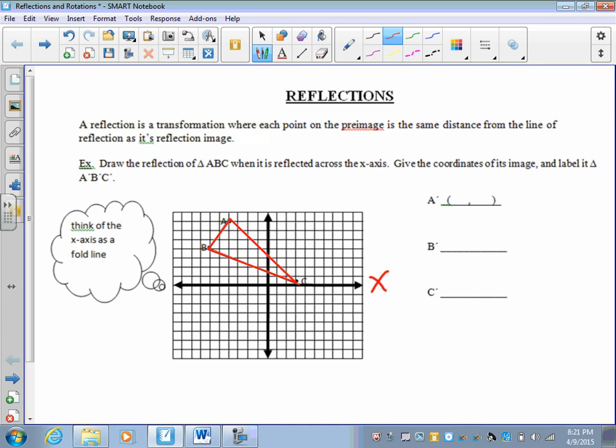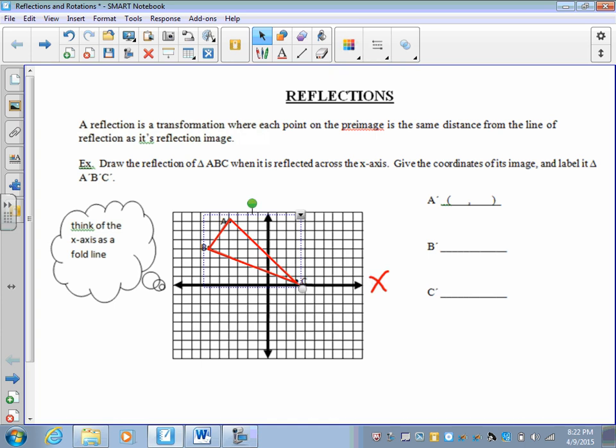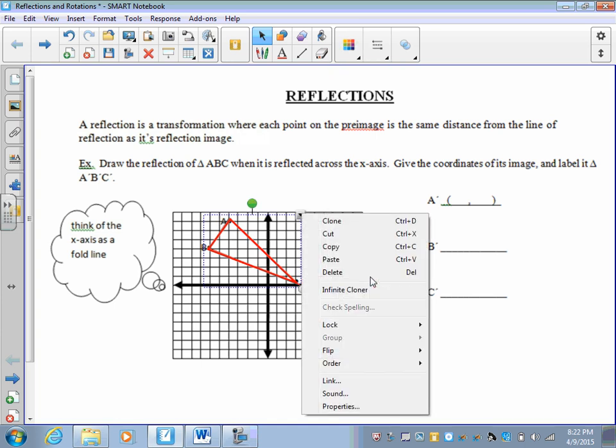So I'm going to take triangle ABC and reflect it over the x-axis.